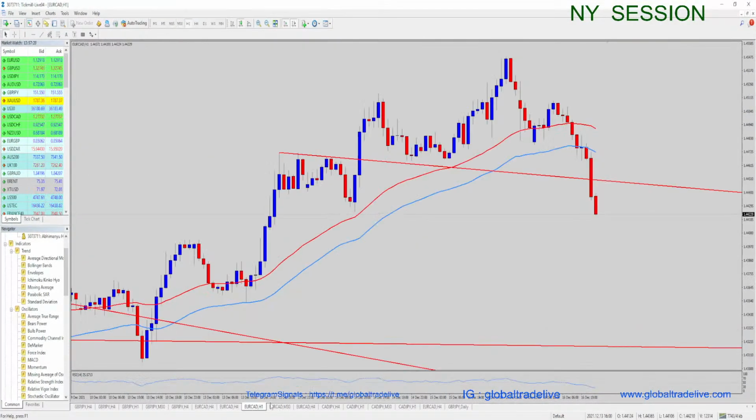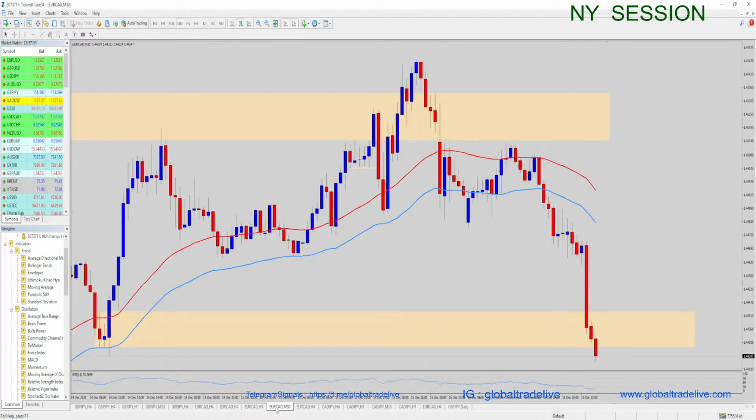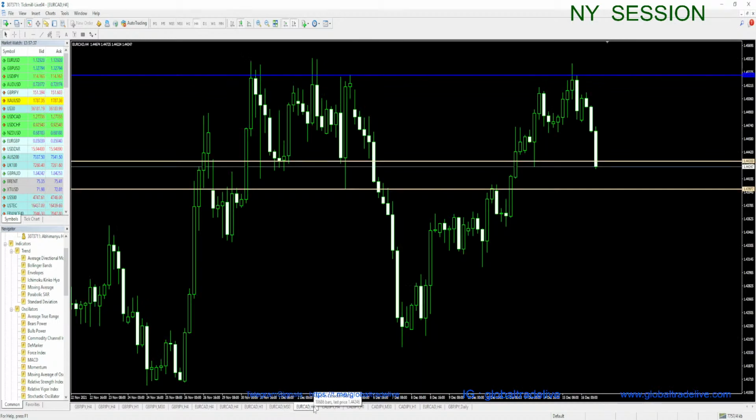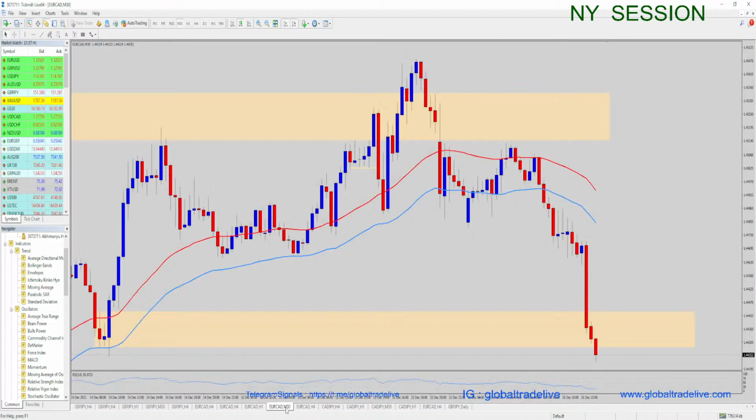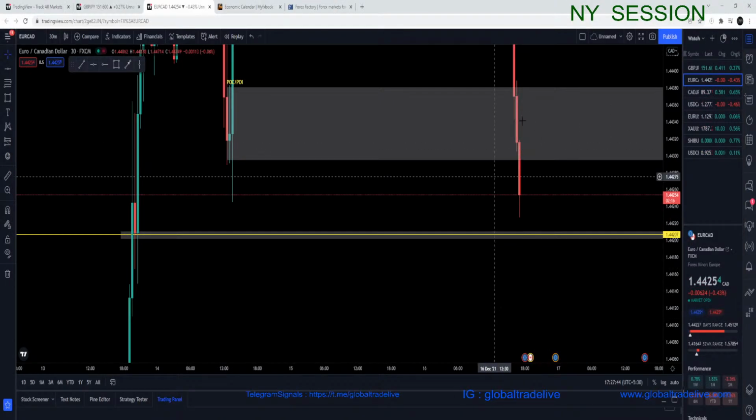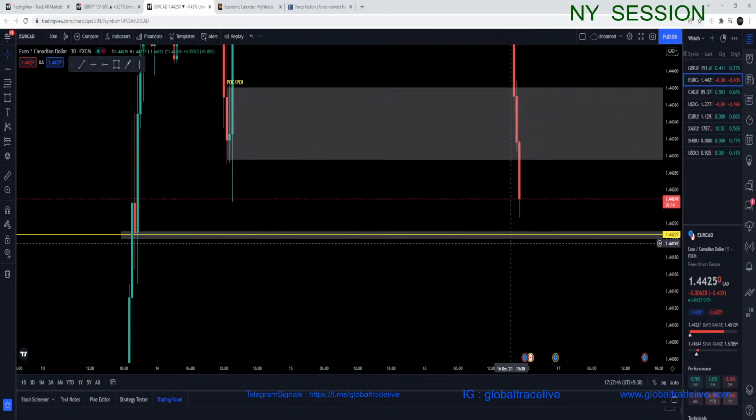I'm gonna look at the 4-hour over here. EuroCAD is really strong right now, coming really strongly down. I really don't want this candle to close under this area, because the next candle can just go up and take me out.